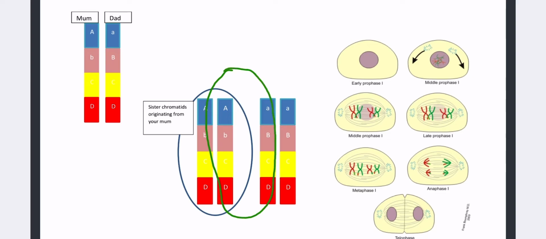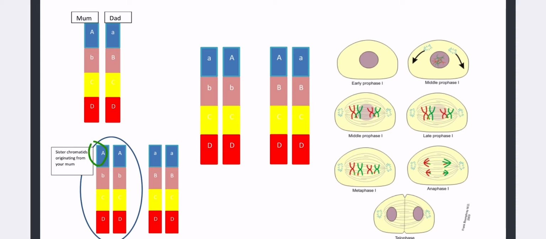What happens during this crossing over is that the tip of one of these can actually swap with the tip of the other half of the homologous chromosome. So what that ends up looking like is as follows.